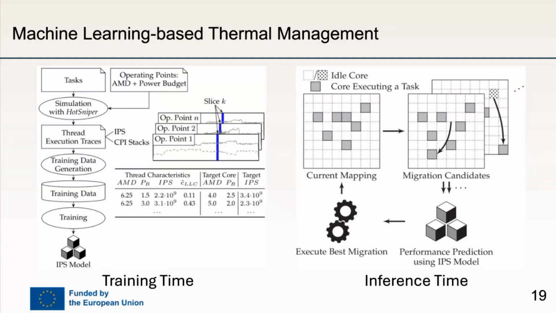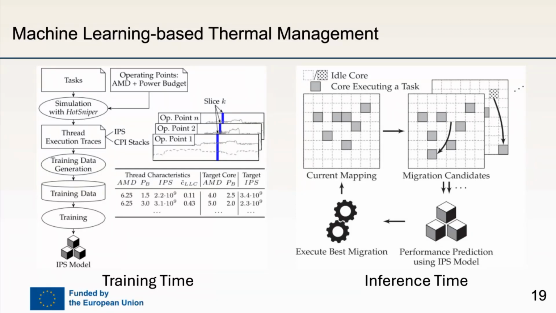We start by collecting data from application simulations using tools like HotSpot, which evaluate tasks on various operating points, including the power budget and configurations. Then we collect thread execution traces, such as IPS, instructions per second, and cache performance data, which are extracted to create a training data set.